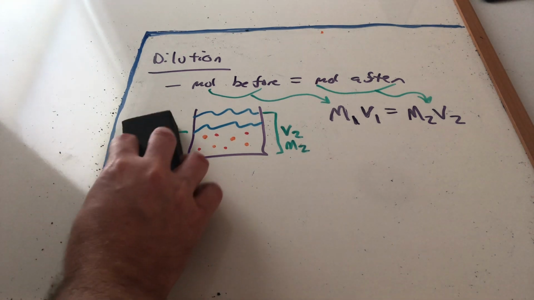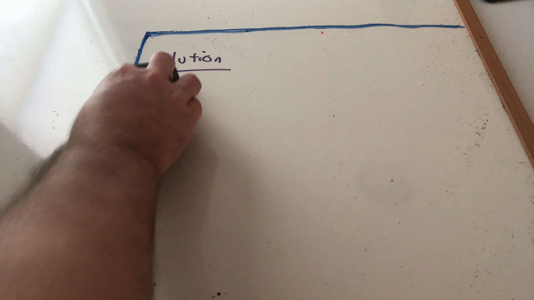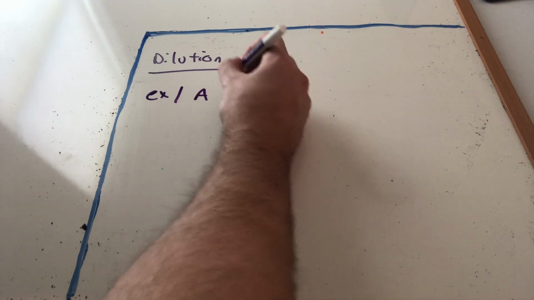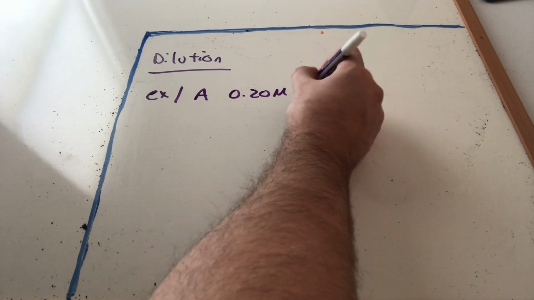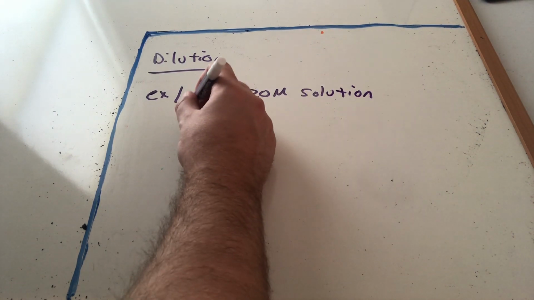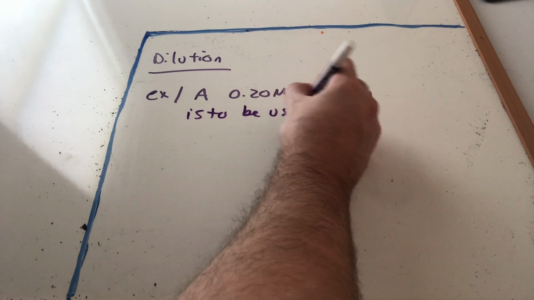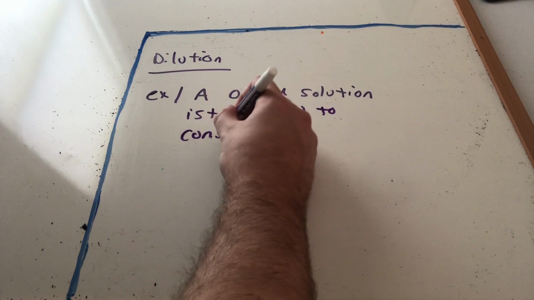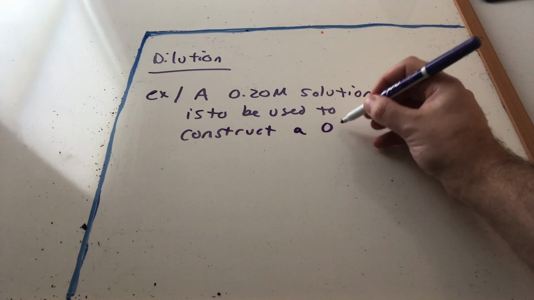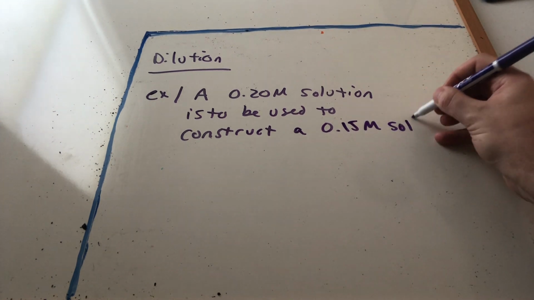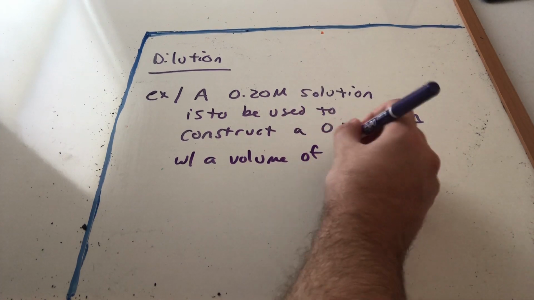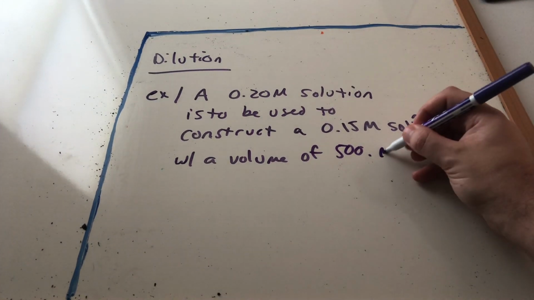All right. Quick little example to finish this out. A 0.20 molar solution is to be used to construct a 0.15 molar solution with a volume of 500 milliliters.